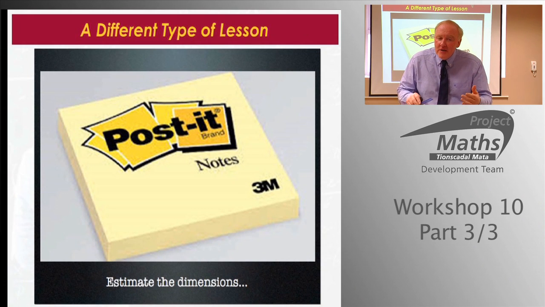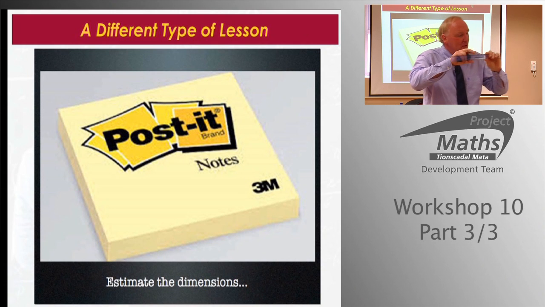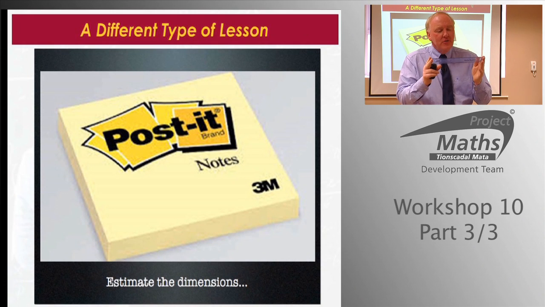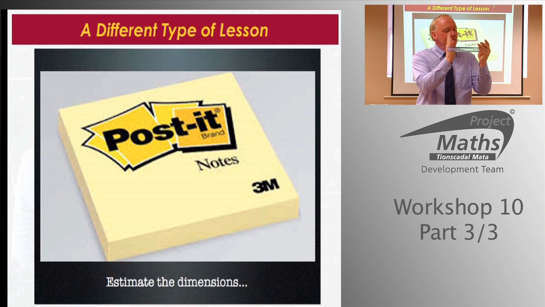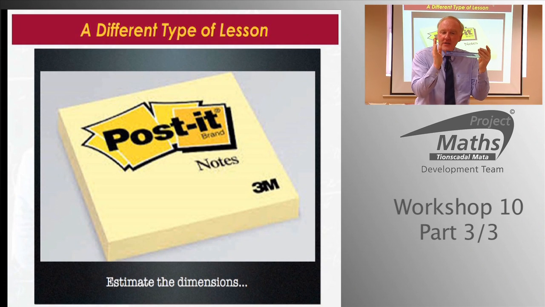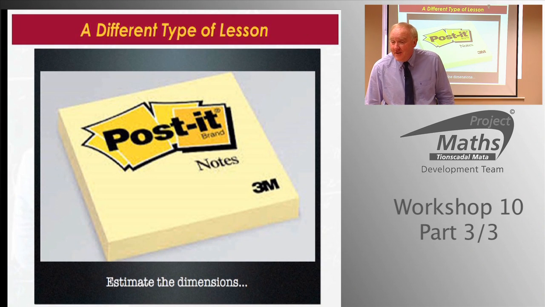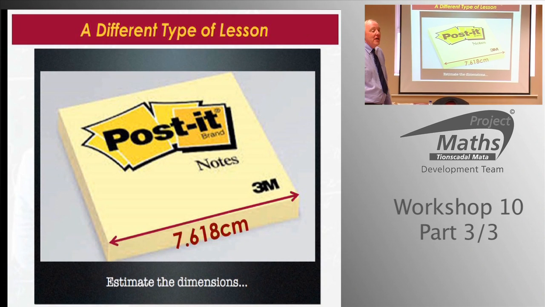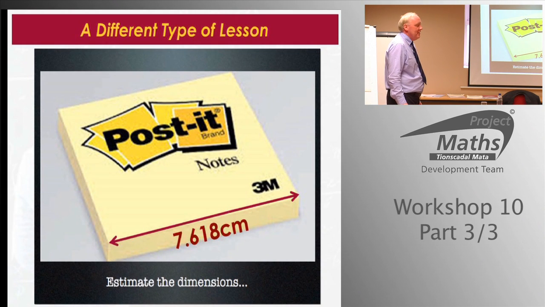If you can guide them in, and they all have a ruler, it's always a good idea to say, look, would you think it would be that big, and then go halfway and half again, to get an idea. So we might say around 6-ish, yeah? 6 centimeters. So we'll see. Well, in fact, it was 7.618. So there's our first one we need to know, 7.618, and it's square, okay?